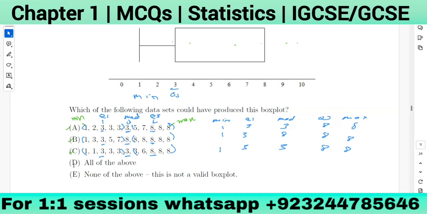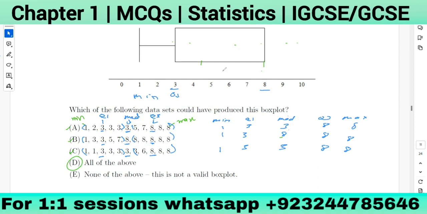And you came out that all of these will be the correct answer, right? Because for all of these, median is going to be 3. In case the median is 8, okay.